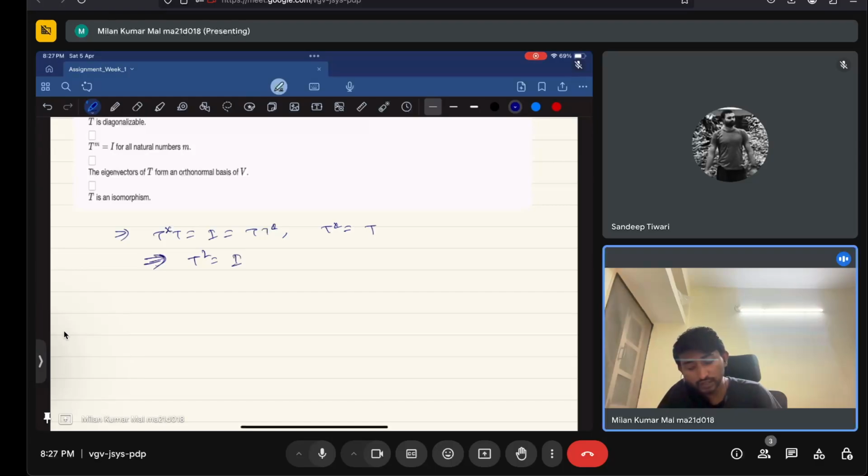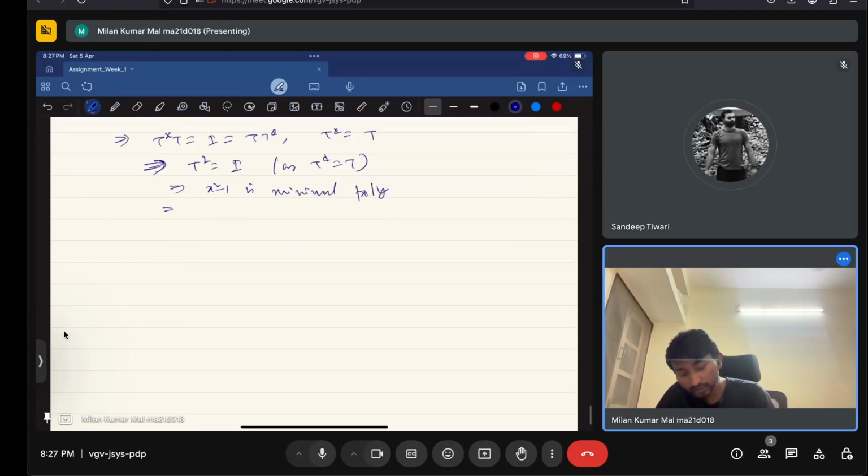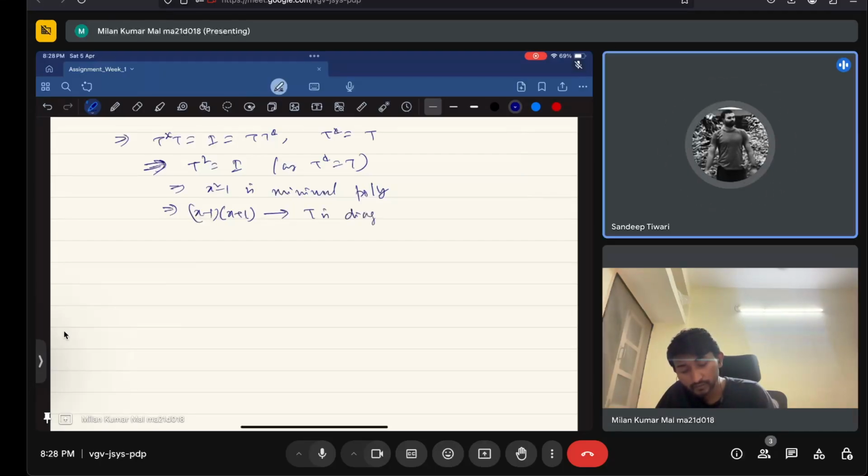T square equals identity as T star equals T. Therefore x square minus 1 is the minimal polynomial, which is completely factorized as x minus 1, x plus 1. That implies T is diagonalizable.